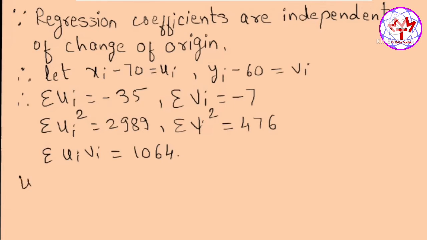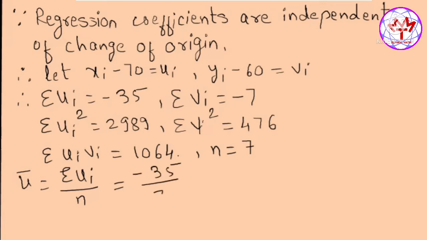Now see, in the question they have said from the data of 7 pairs of observations. That means your n will be equal to 7. So summation ui we have got minus 35 upon 7.